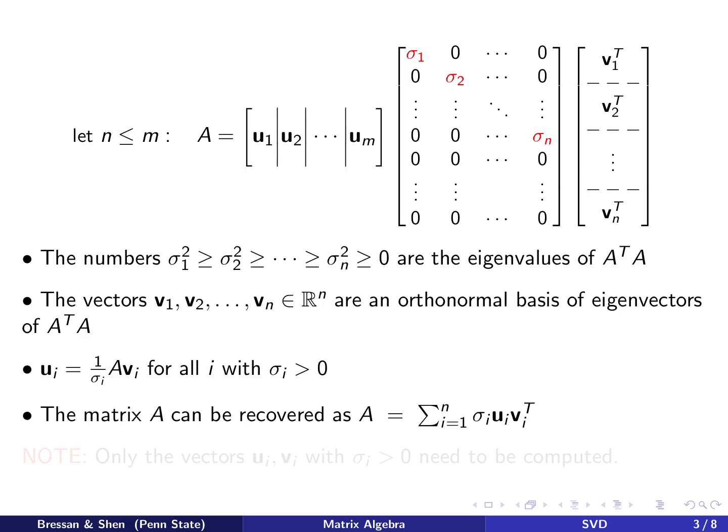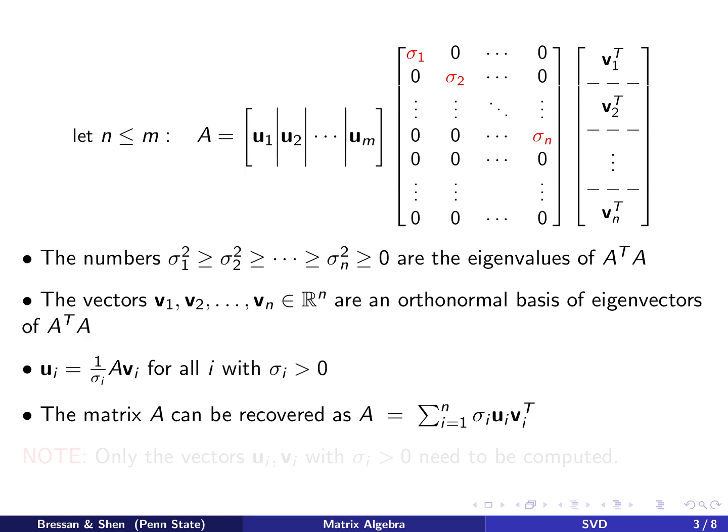The matrix A can be recovered once you are given these vectors and these singular values as follows. Basically, you carry out this product of these three matrices, and you realize that each singular value involves a term U and a term V with a certain index.